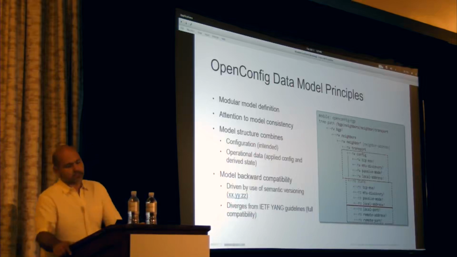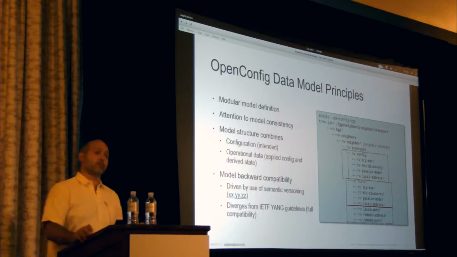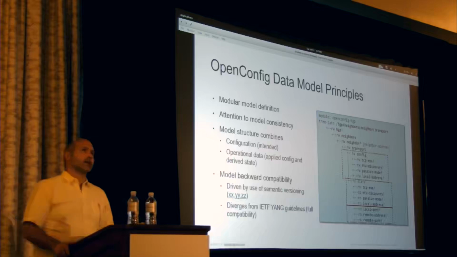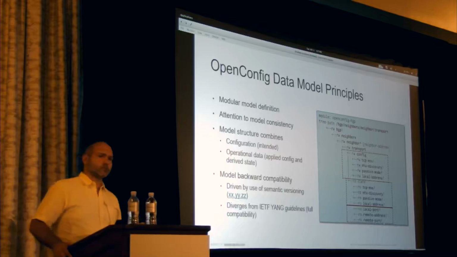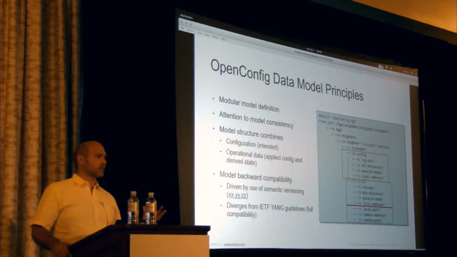Another interesting principle that they have applied in how they define their models is that they choose to use semantic versioning, which I think is a nice characteristic. Because the ultimate goal for these models in real life is to accelerate software automation, and semantic versioning is a very natural concept for software development. Yang typically uses the concept of a revision that is more of a timestamp.